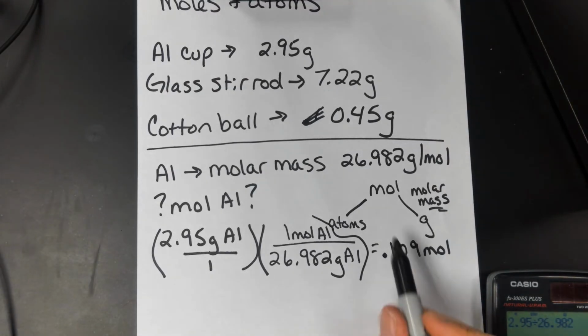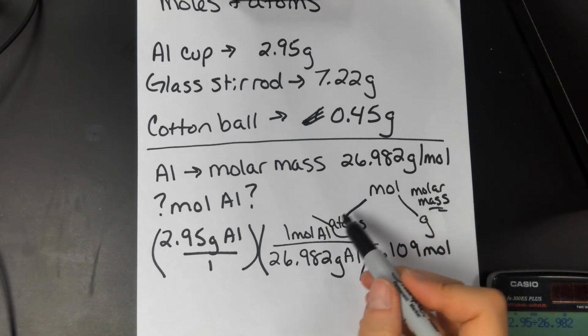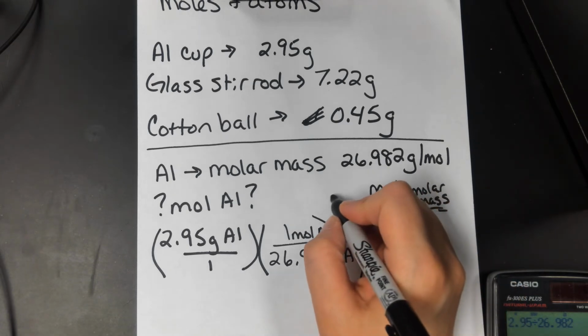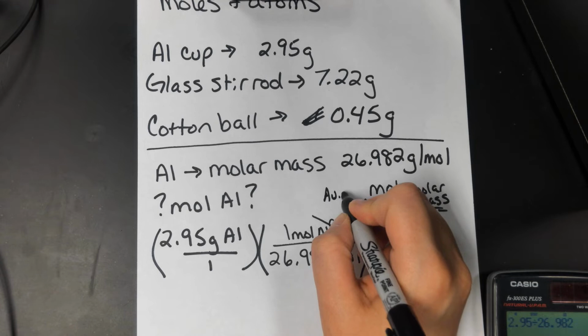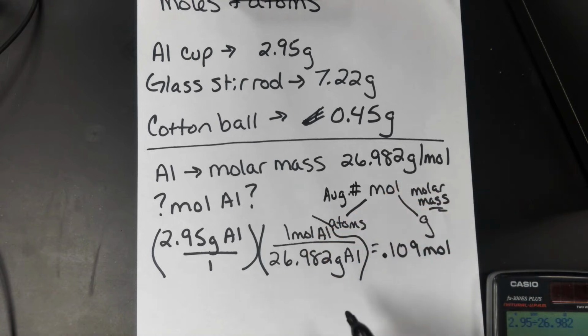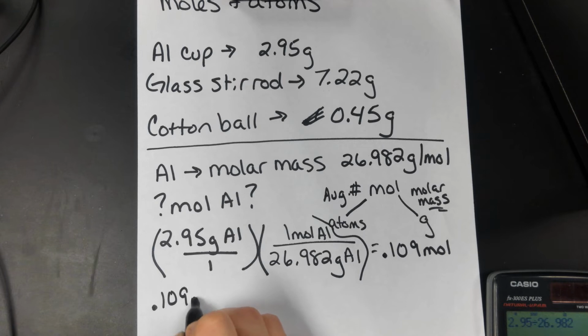And then the next question they have is, why don't you turn those moles into atoms? So remember, to go from moles to atoms, you use Avogadro's number, which is 6.02 times 10 to the 23rd. So start with your given, 0.109 moles of aluminum.